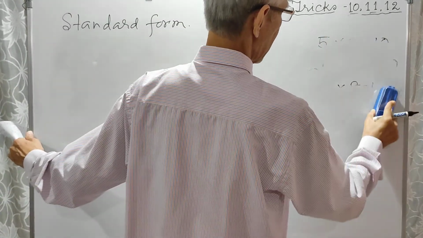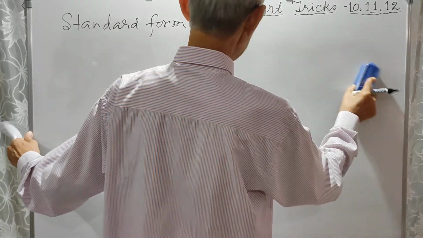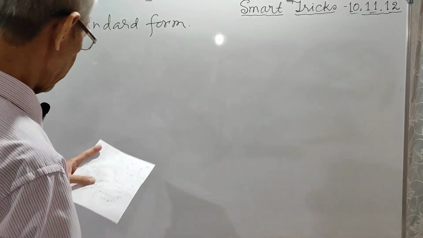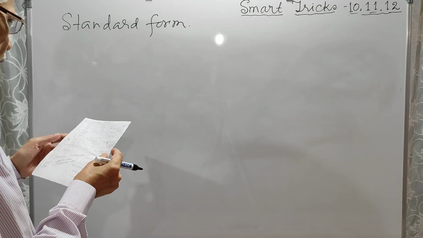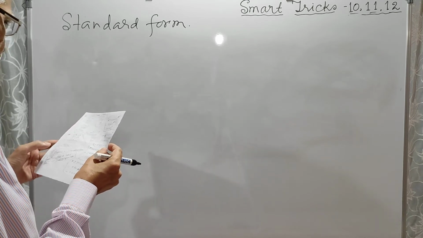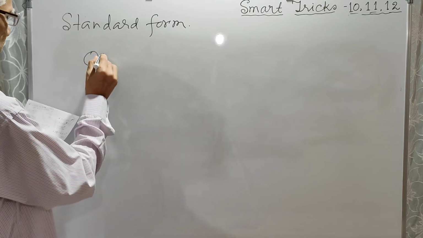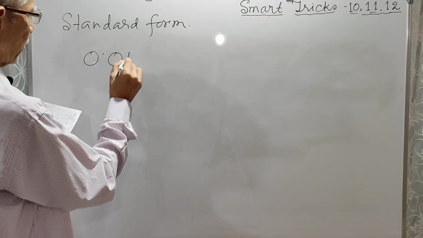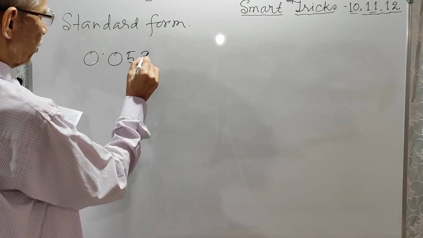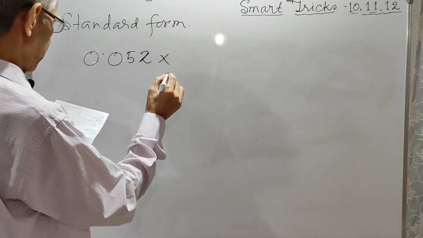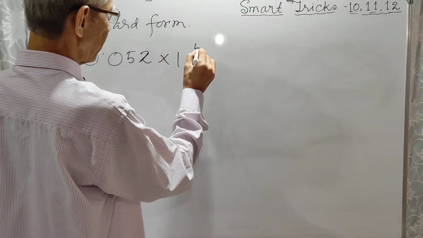Okay. All right. Now, let us see how to convert this. For example, say you got the answer, suppose, 0.052 into 10 to the power 5.